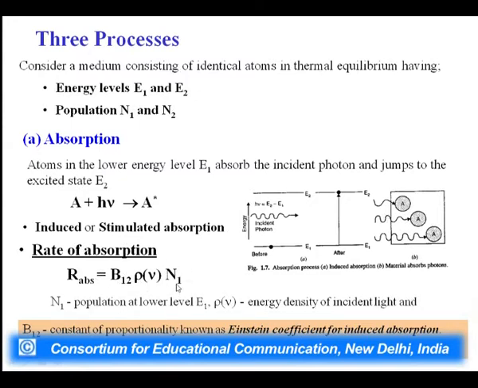N1 is the population of the lower level, and rho nu is the energy density of the incident light that raises the atom to the excited state. B12 is a constant of proportionality known as the Einstein coefficient for induced absorption. It indicates the probability of an induced transition from level 1 to 2.